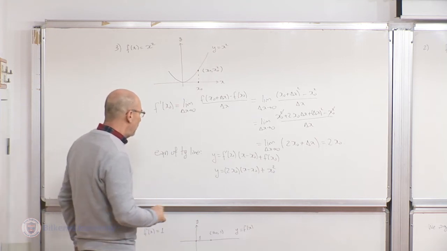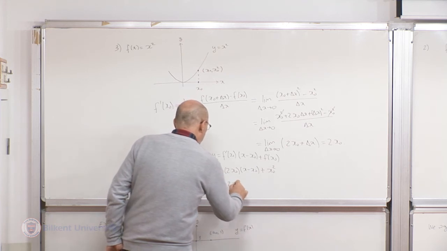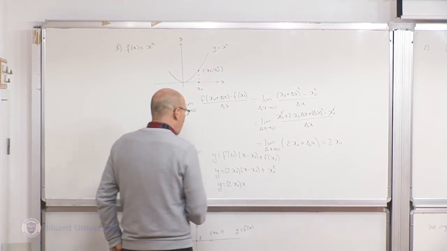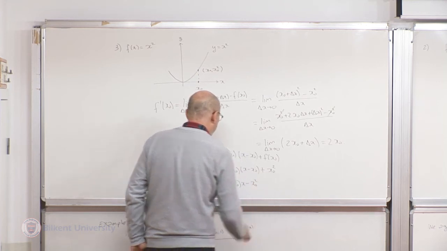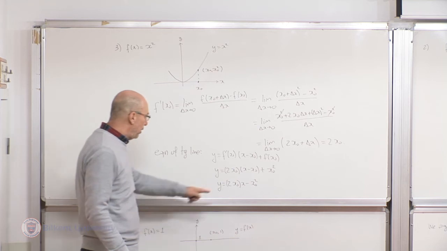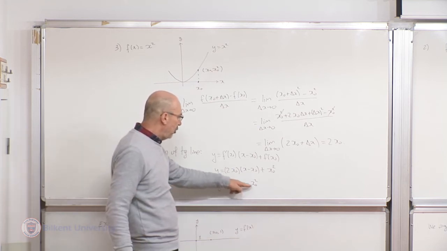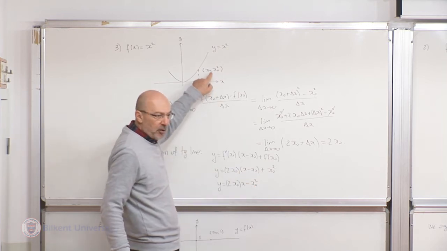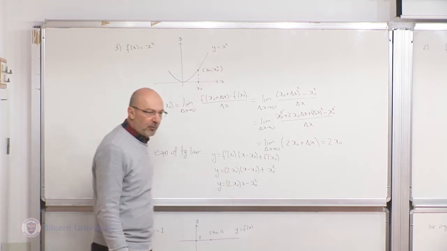Okay, shall we simplify this? So this is y equals 2x sub 0 x, and minus x sub 0 square. Okay, so at the point x sub 0, you put x sub 0 here. We have 2x sub 0 square minus x sub 0 square, so it will give you x sub 0 square, which is this point. So the line passes through this point with the correct slope.